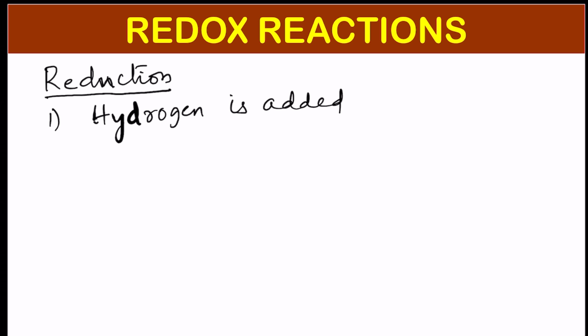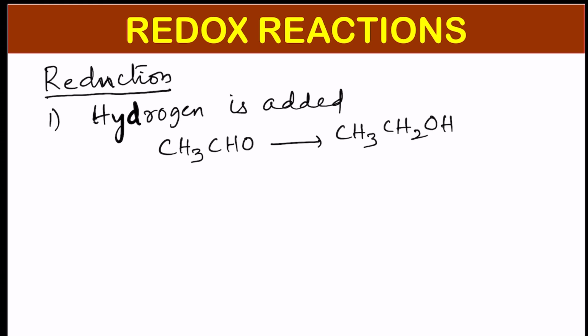We can take an organic reaction as an example. CH3CHO converts into CH3CH2OH. The same example which we have taken there, alcohol converting into aldehyde is an oxidation process. Aldehyde converting back into alcohol is a reduction process.